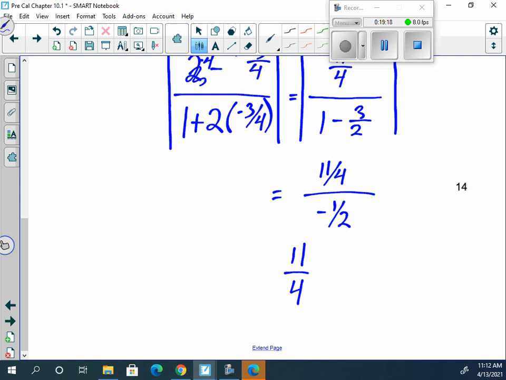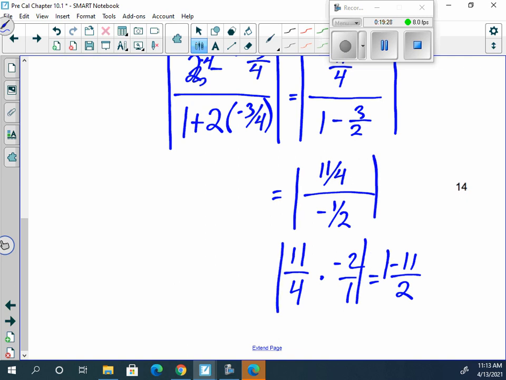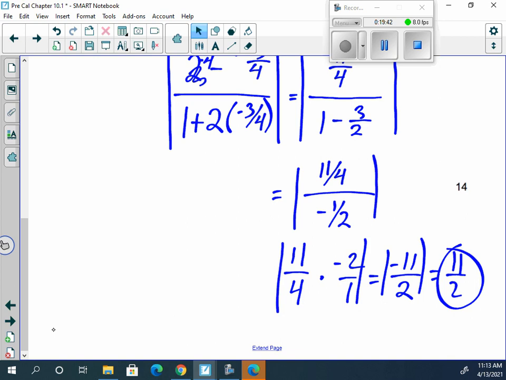Because then we'd end up getting 11/4 times negative 2 over 1, which is negative 11/2, which is almost what we got, but remember, if we're taking the absolute value of it, it turns it from negative to positive. So it actually ended up working out that it really didn't matter which one was bigger or smaller because the absolute values took care of it.